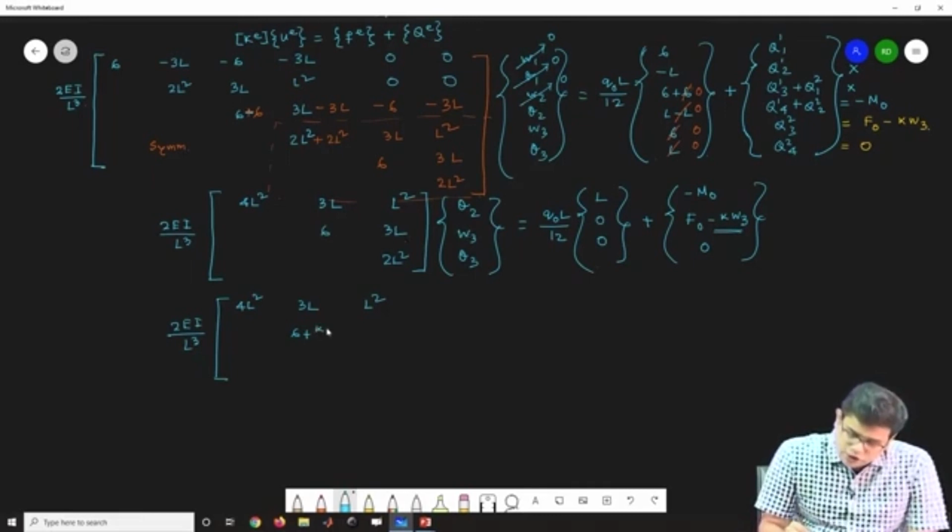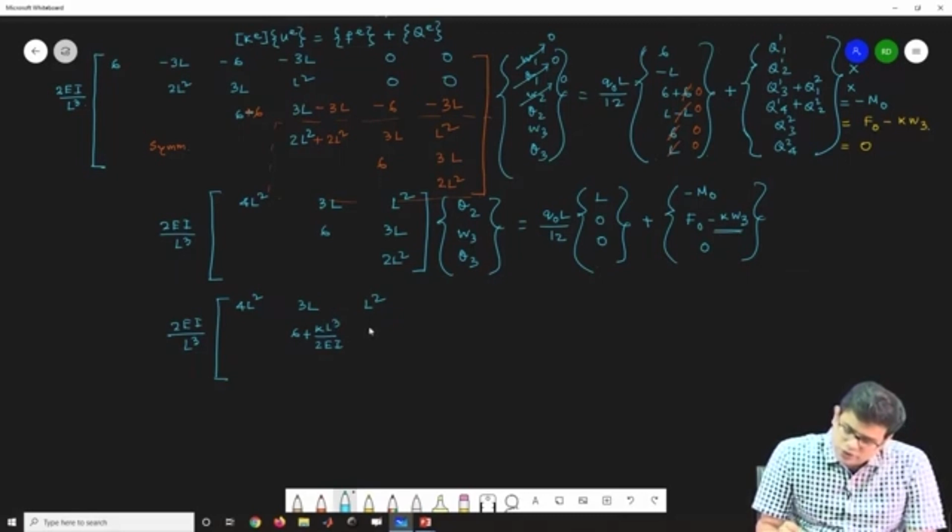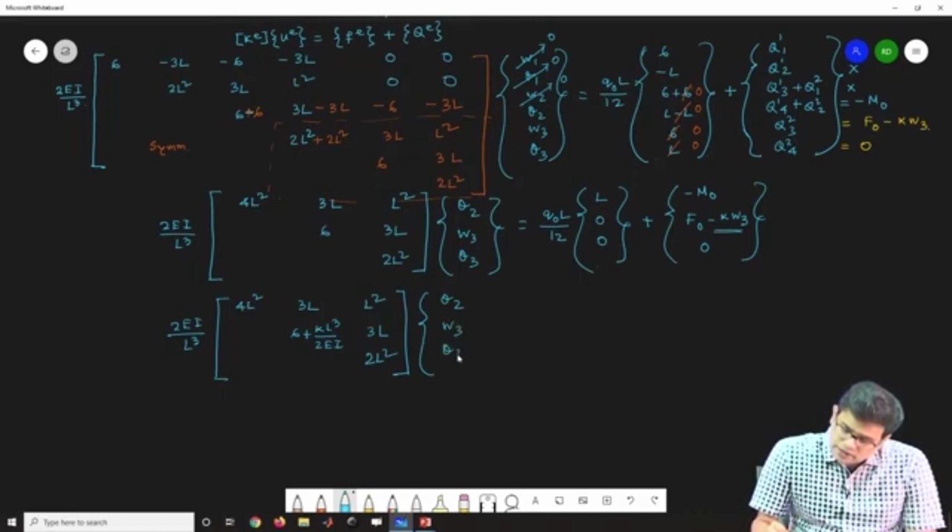So if I take common, so KL cube by 2EI, that will be my stiffness contribution, and then you will have 3L and 2L square. Look, it is still symmetric because only the diagonal element will be changed. So theta 2, W3 and theta 3.